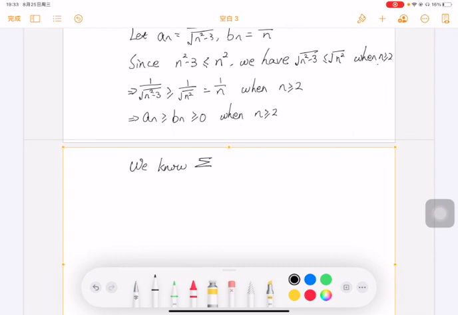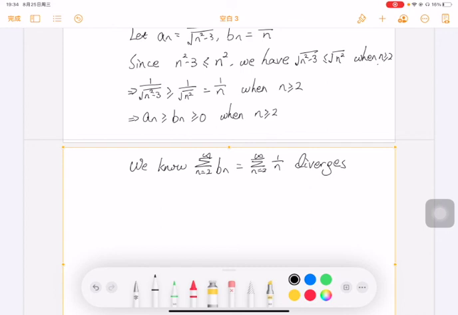We know the series Bn, the sum to infinity of 1 over n, diverges. This is just a harmonic series starting from the second term, and we know that the harmonic series diverges.